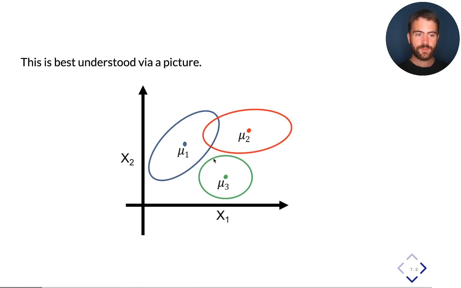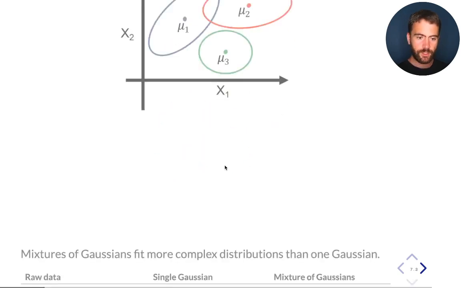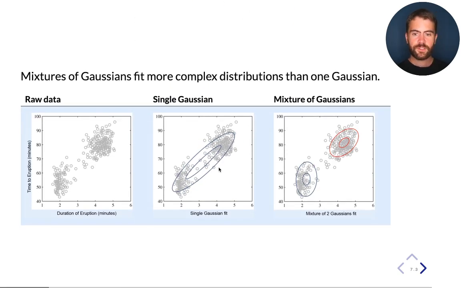If we were to look at this as a picture, here we have 3 clusters of different colors, in the following configuration, and we are going to try to fit a model of this form to our data. This is an example of what happens if we fit mixtures of Gaussians to a data set of this form. Here we clearly have 2 distinct clusters in this data set.